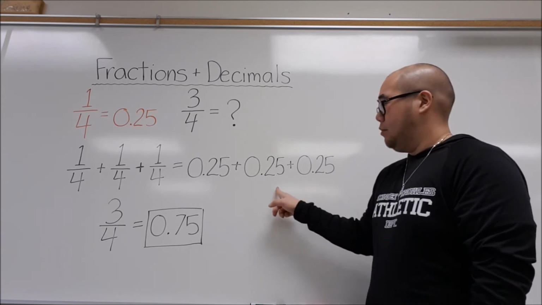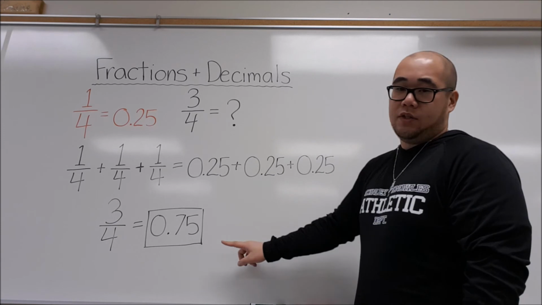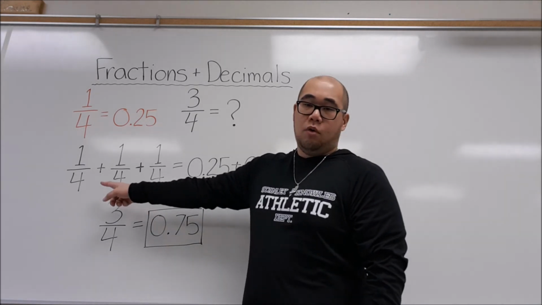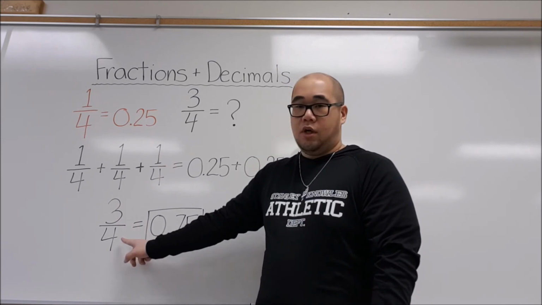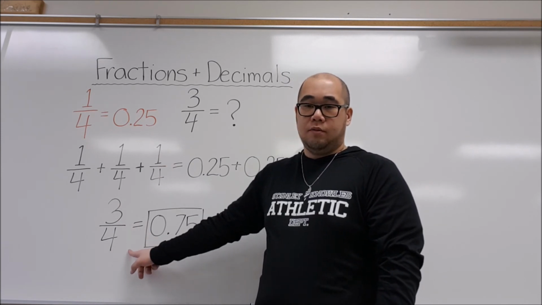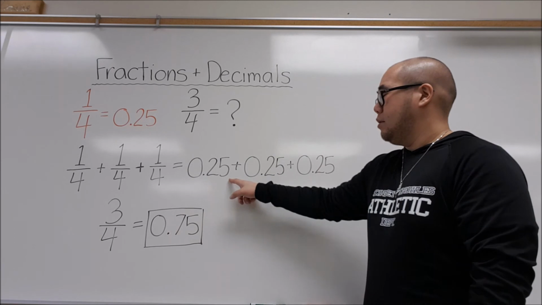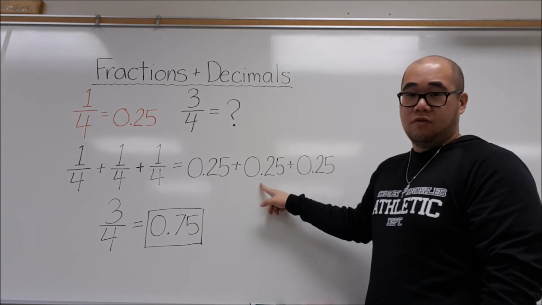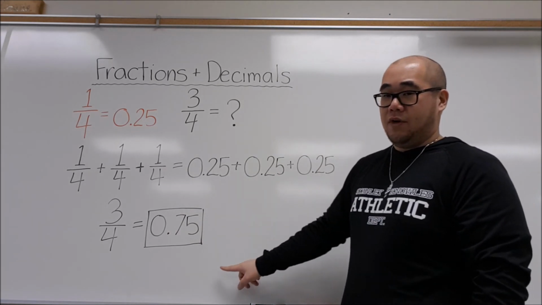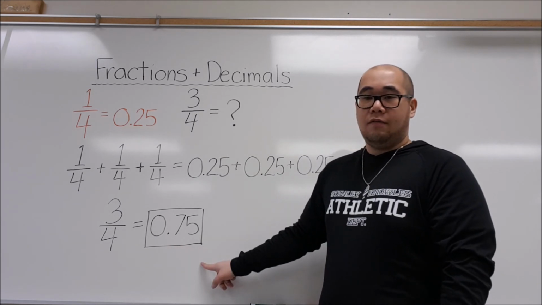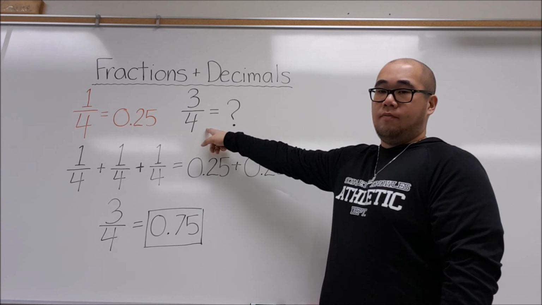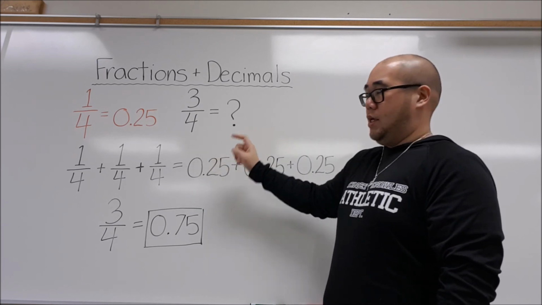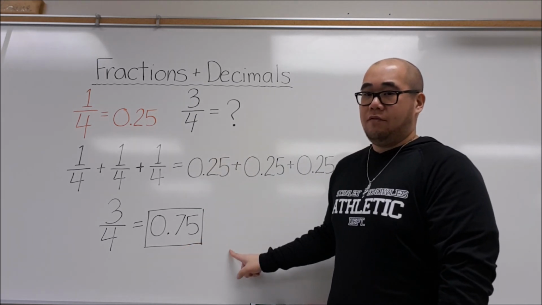We're going to add all those up. We know that 1/4 plus 1/4 plus 1/4 is equal to 3/4, and that 0.25 plus 0.25 plus 0.25 will give us 0.75. Therefore, 3/4 converted to a decimal is 0.75.